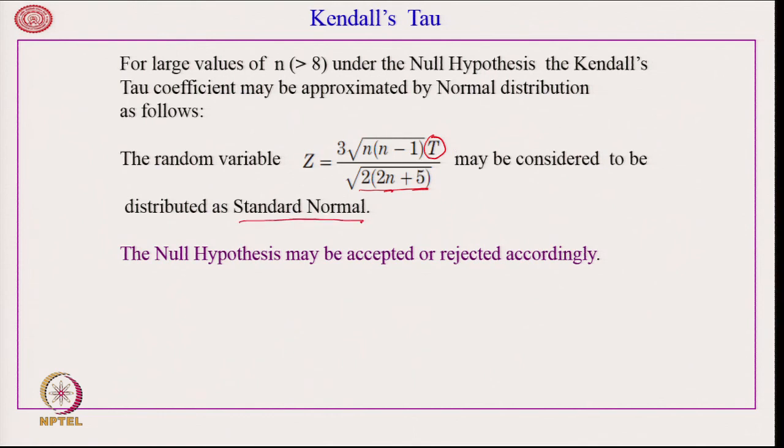We are not going to derive this, let us accept that, and the null hypothesis will be accepted or rejected by using the z test with this value of z, obtained by a transformation of the value that we got from the sample for the statistic t.